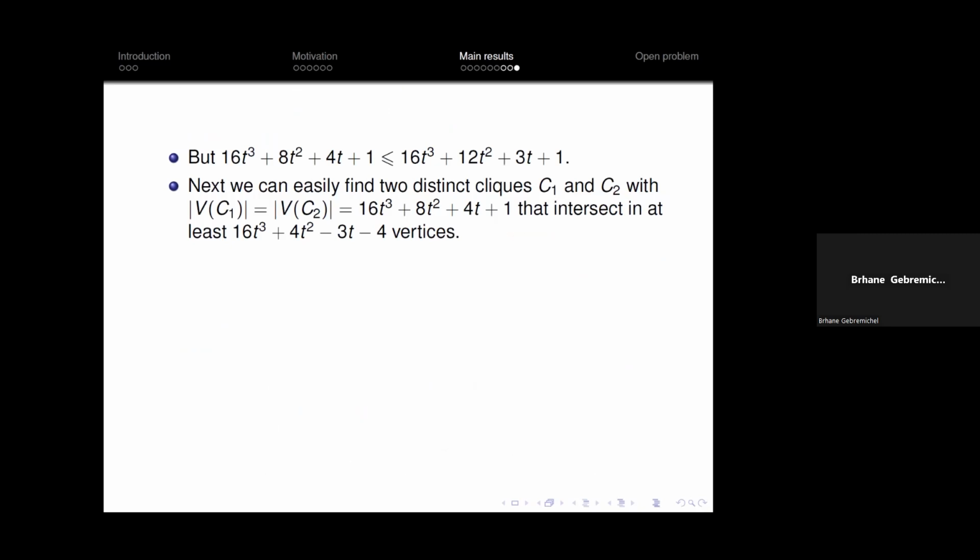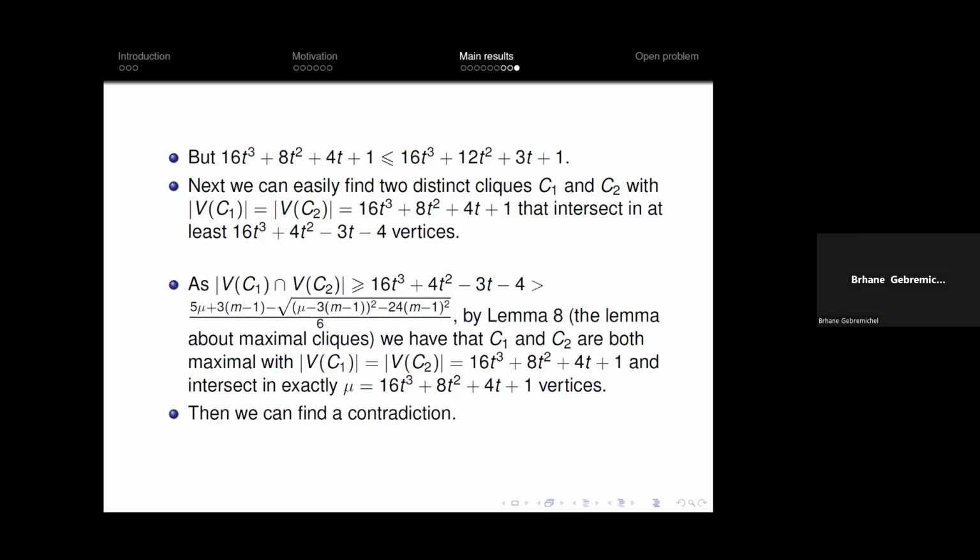Here, first we already find two cliques with this order. Then to show the size of the intersection, we have to count the number of vertices between them, and we use the smallest eigenvalue and also the equitable partition, so we can find this case.